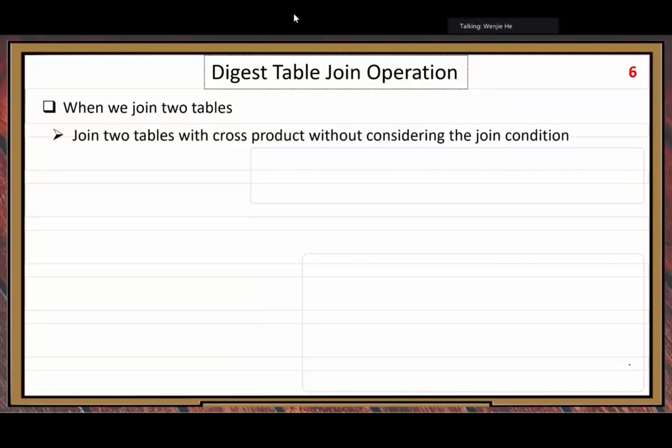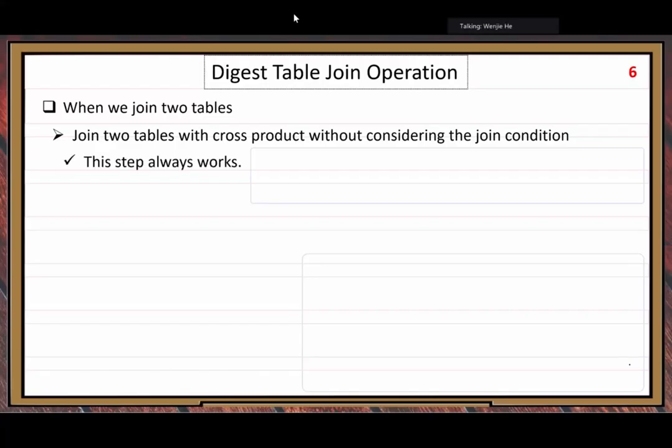The first step: join 2 tables with cross product without considering the join condition. Just do a straightforward cross product operation, as in the definition in the previous slide, the concatenation way. That's step 1, so you have a large table.